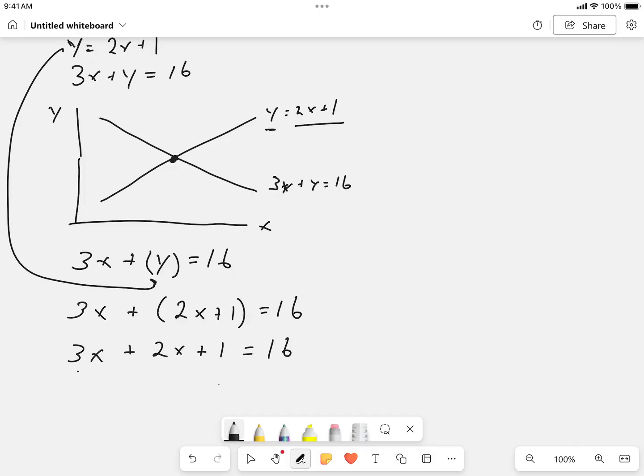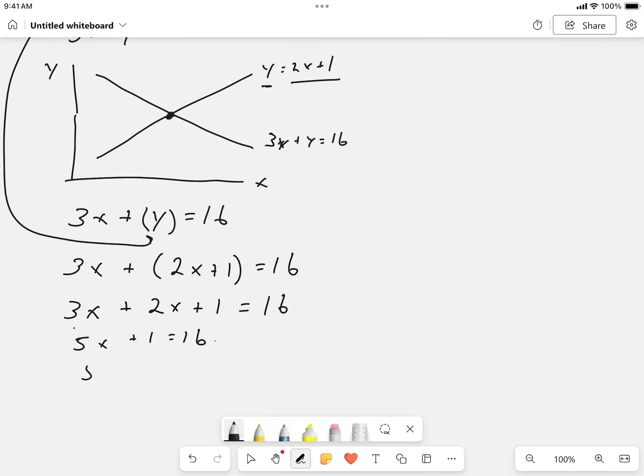Take the x values: 3x plus 2x is 5x, plus 1 is equal to 16. Subtract 1 from each side. That gives me 5x is equal to 15. Now divide each side by 5. That gives me x is equal to 3.